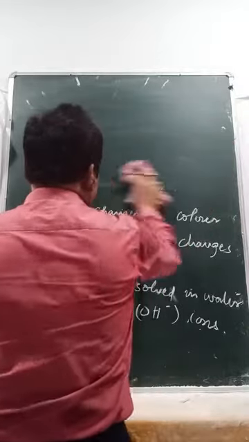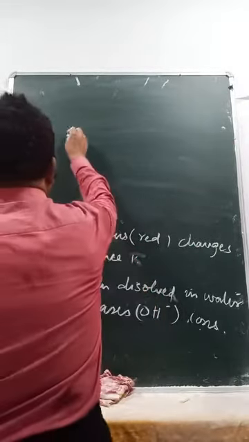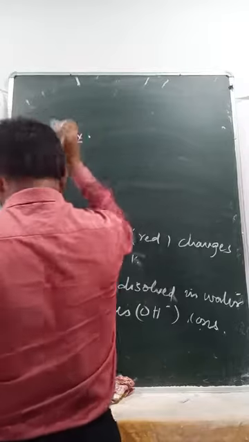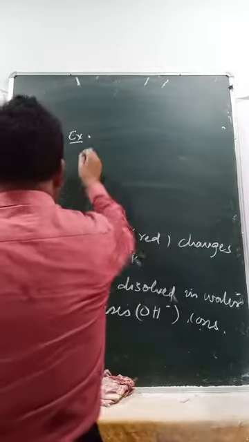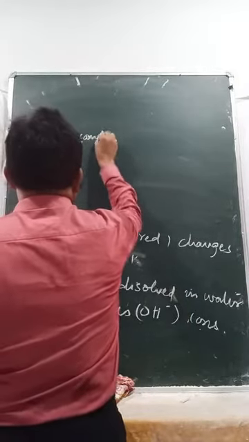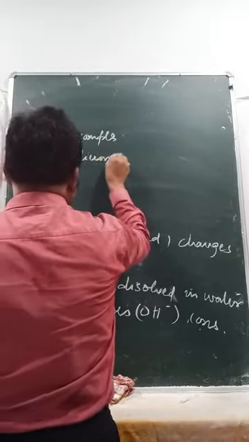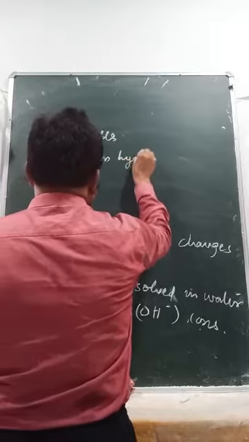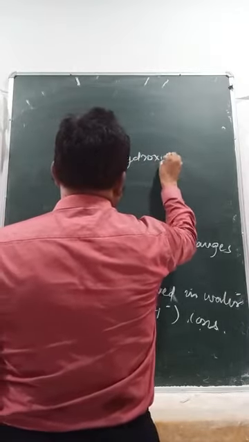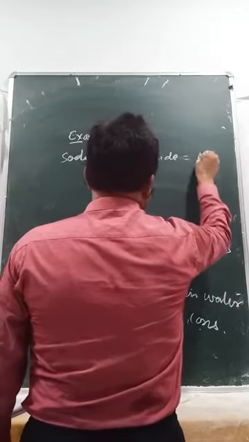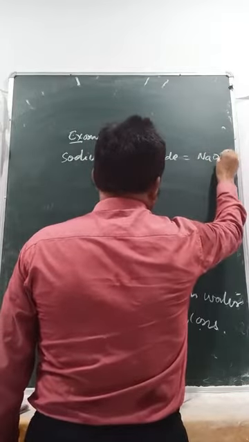After these 3 points, you can give some examples of bases. That is sodium hydroxide, NaOH.